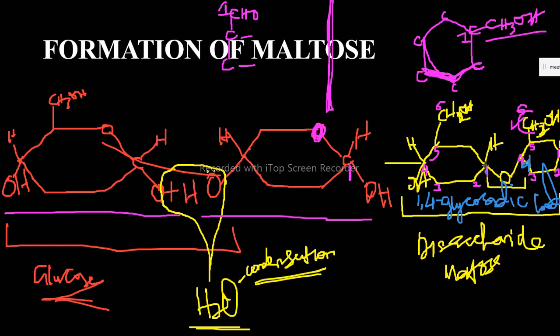So this is going to be our carbon 1, then 2, 3, 4, 5. And then 1, 2, 3, 4, 5, 6, and so on. Does it make sense now?